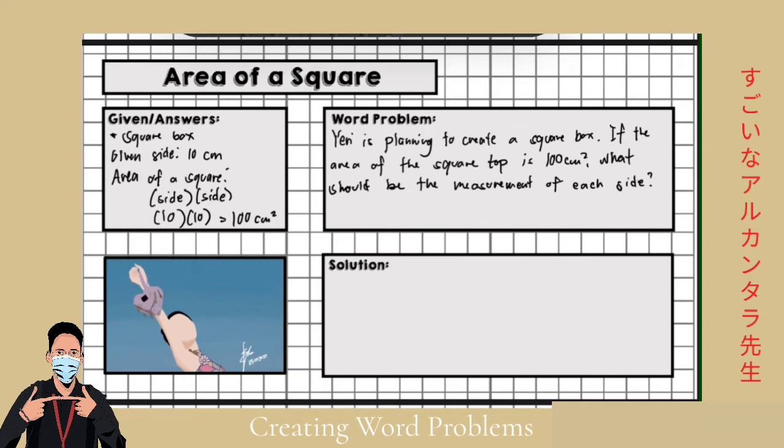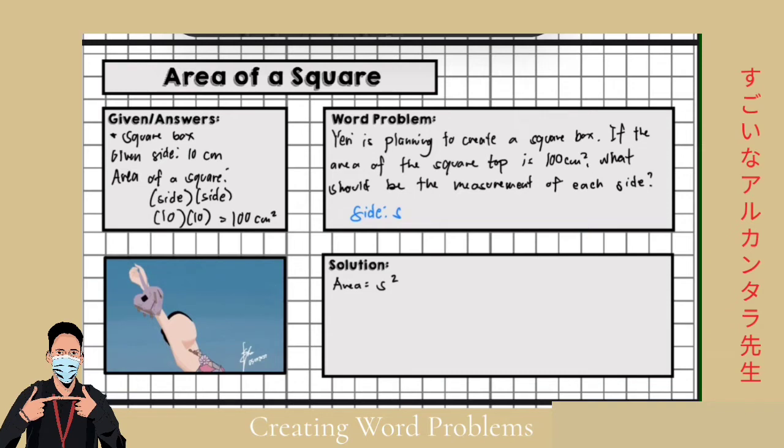Okay? So to continue, what we're looking for is the value of the side. For representation, let's use letter S, just to not make it that complicated. Again, the formula is area is equal to side times side, or S squared.